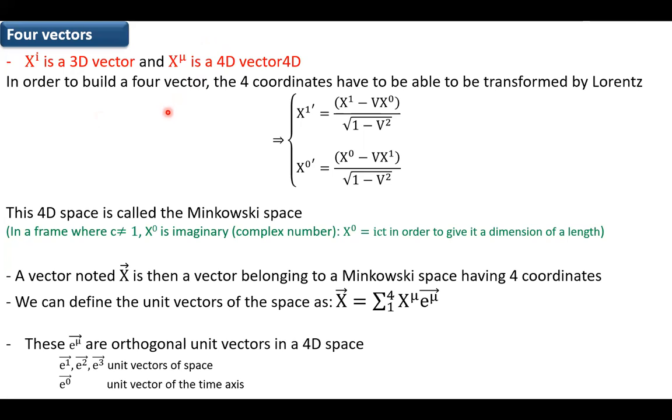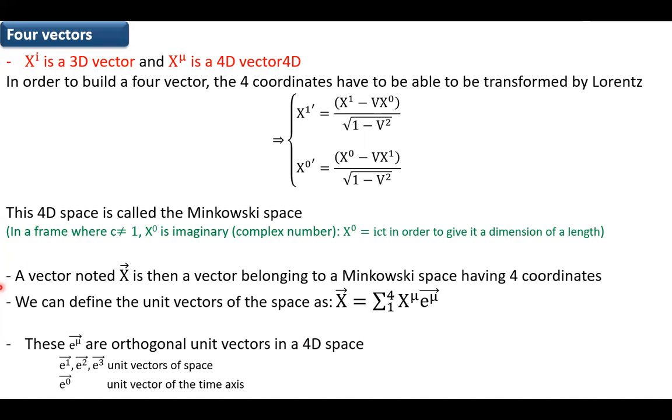In order to build a 4 vector, the 4 coordinates of the 4 vector should be able to be transformed by the Lorentz transformation. So it's not enough to say that you have 4 coordinates in a certain frame, then you have a 4 vector.